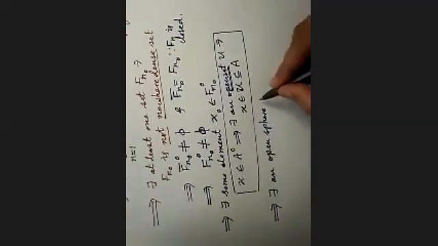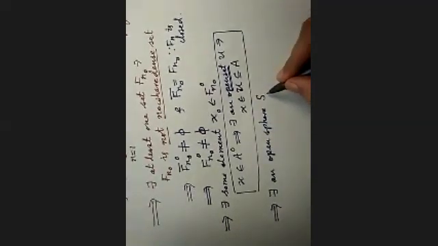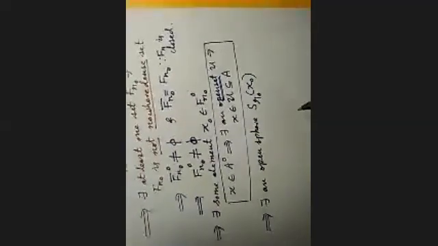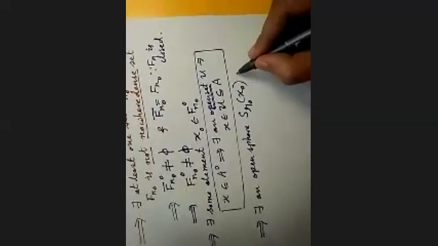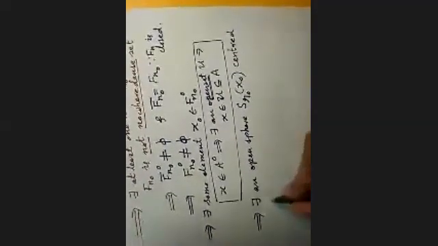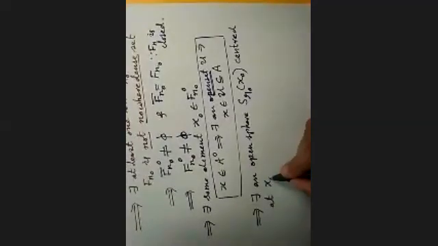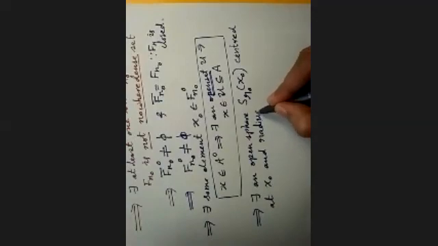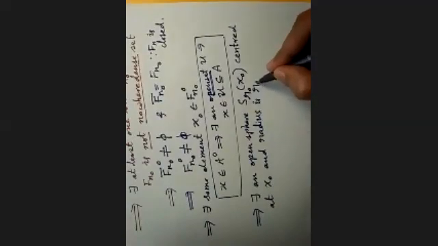We'll call this open sphere S r naught of x naught, an open sphere centered at x naught, and the radius is r naught.